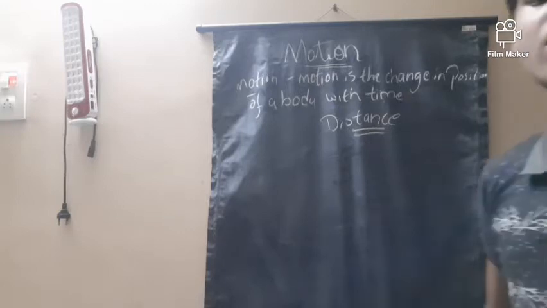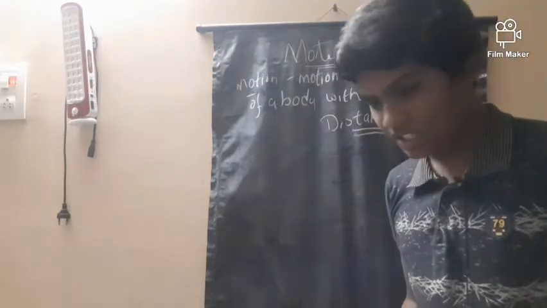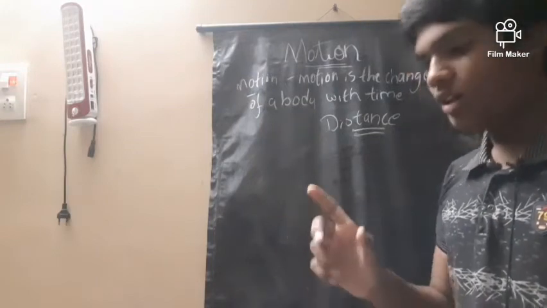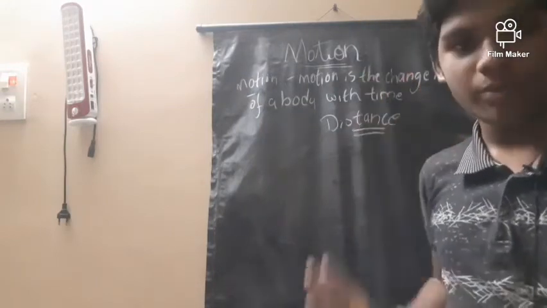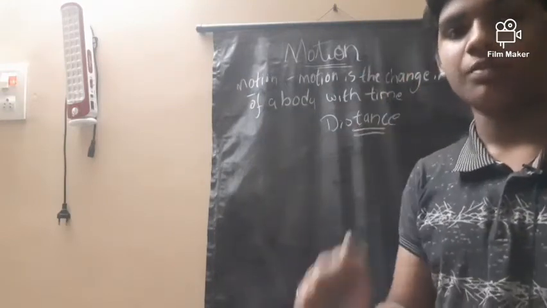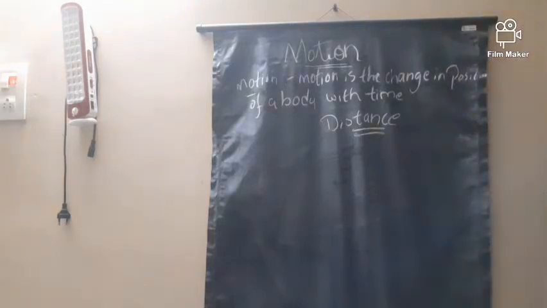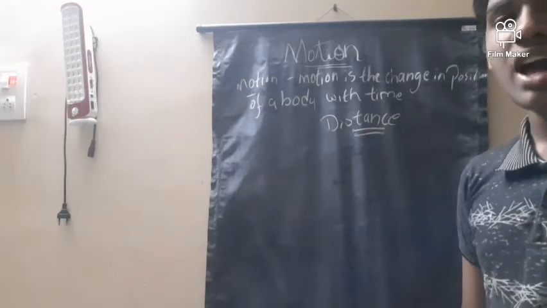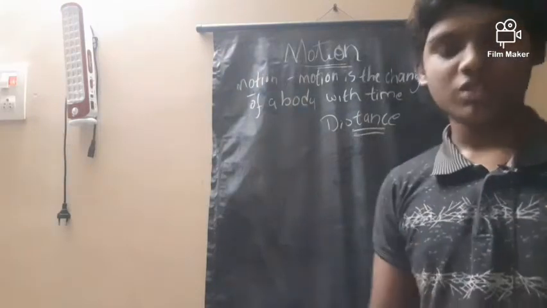What is this actual length of the path? Let us take a uniform path, one single direction. In the same direction, in only one direction travelled by the body, distance moved is the actual length of the path. Take an example.